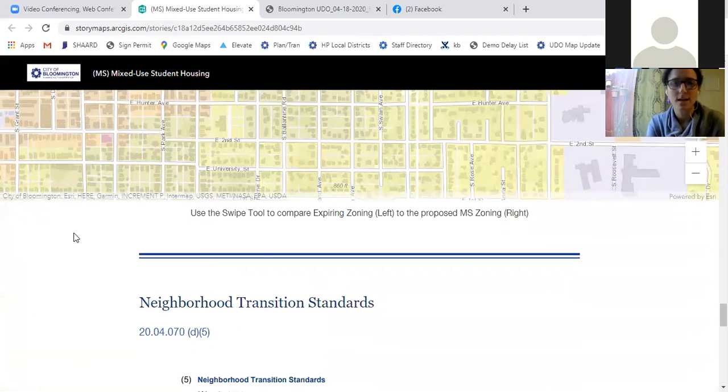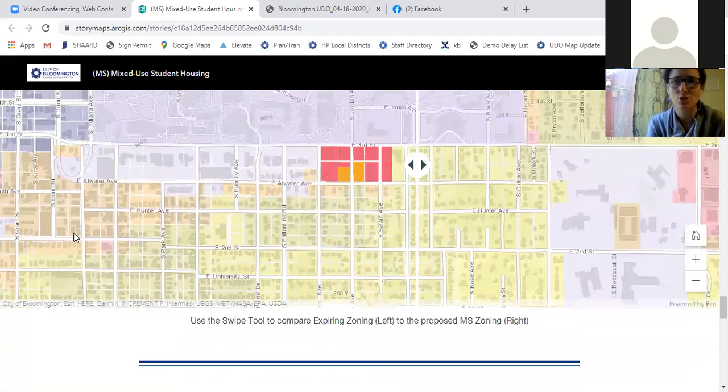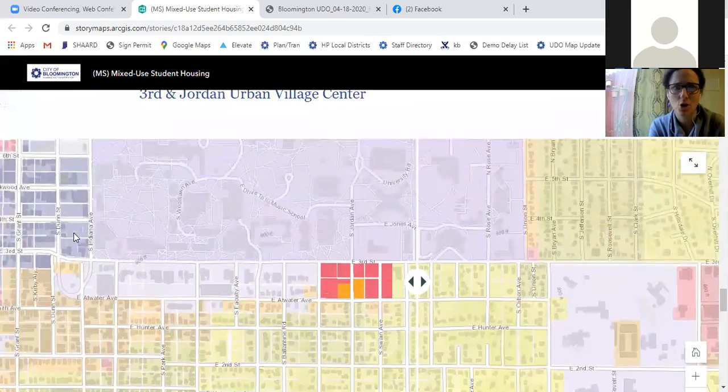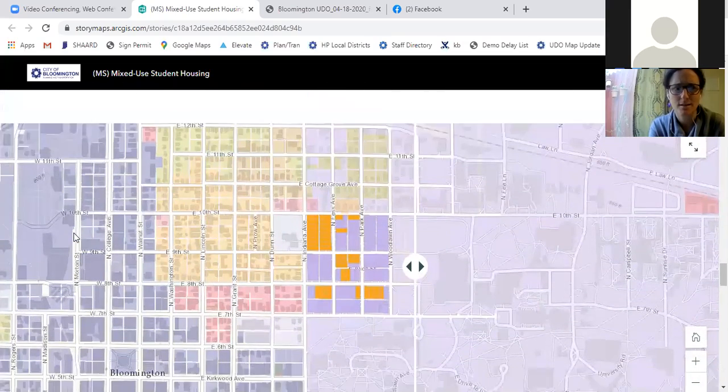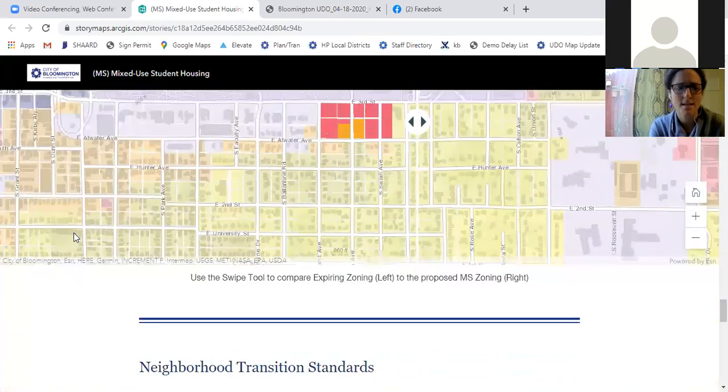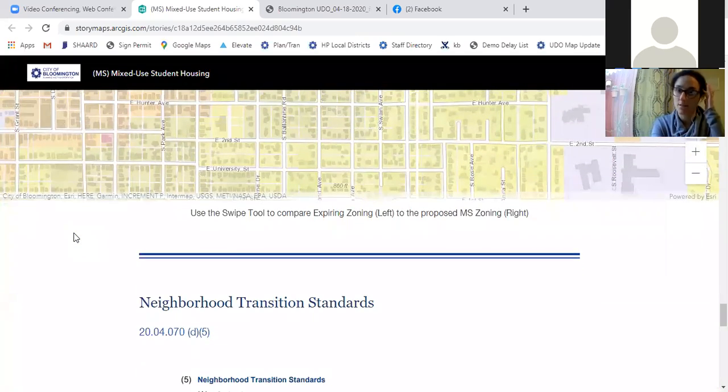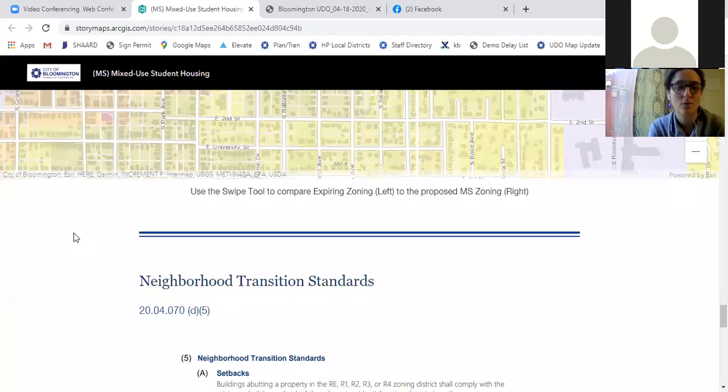So one thing we wanted to highlight, especially in relationship to this particular node, and portions of the 10th and Indiana as well, is that the new code included something new that was put in order to help create a buffer for existing housing stock, existing single family, existing primarily residential districts adjacent to potential new development.